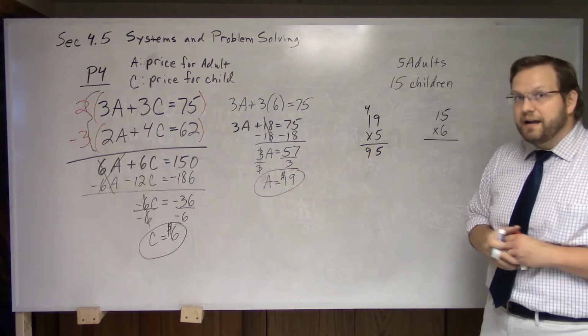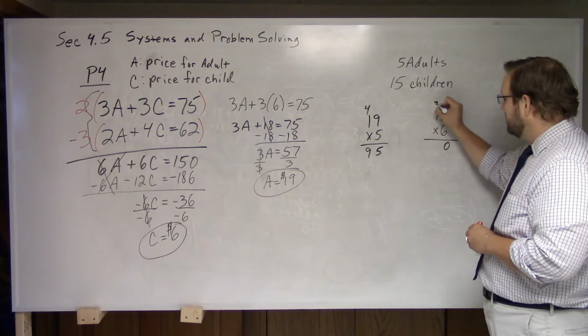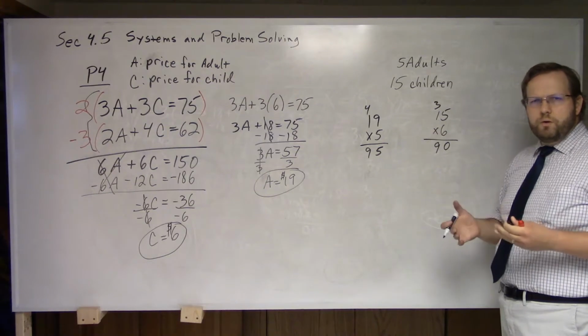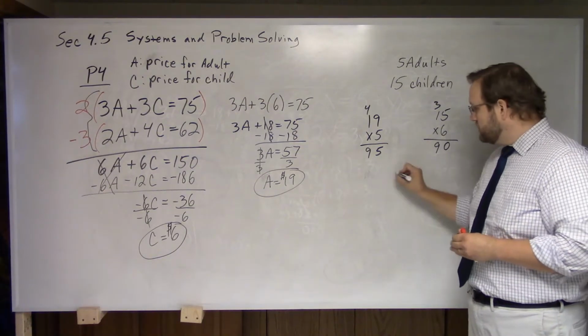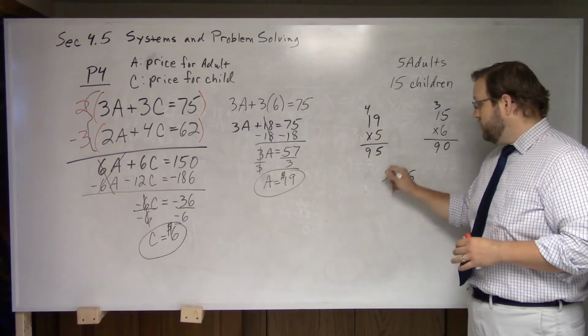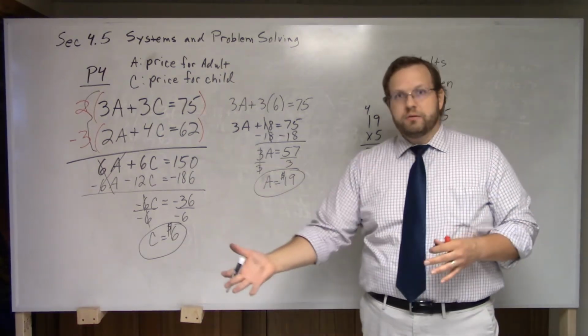So it's $95 for adults. And then the kids are going to cost $90. Okay, what does that come out to? 90 plus 95 gives us 185. So normal ticket price is going to be $185. Should I use that $200 deal that they're giving us?